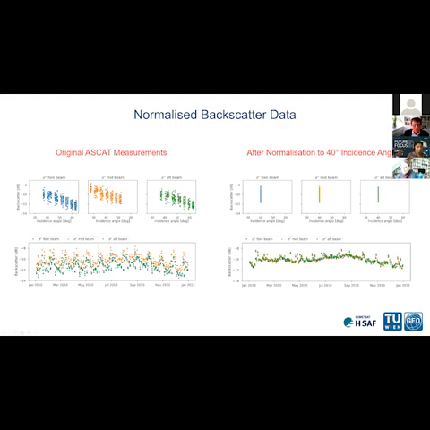Obviously, there's lots of variability in the measurements, not just caused by soil moisture and vegetation, but also because we work at different incidence angles. Once we have corrected and, for example, normalized the data to 40 degrees, we get nice backscatter time series to directly compare the measurements.